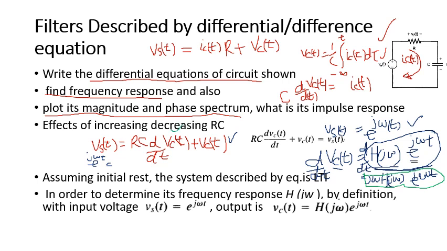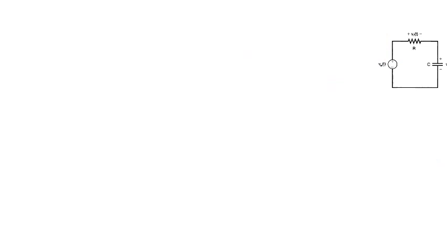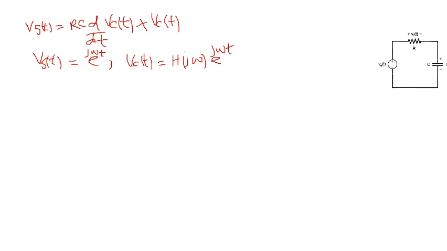VCT, right? So that means we can write it like, okay, so we were here, now we just replace the value. So the input source is e power j omega t, right?